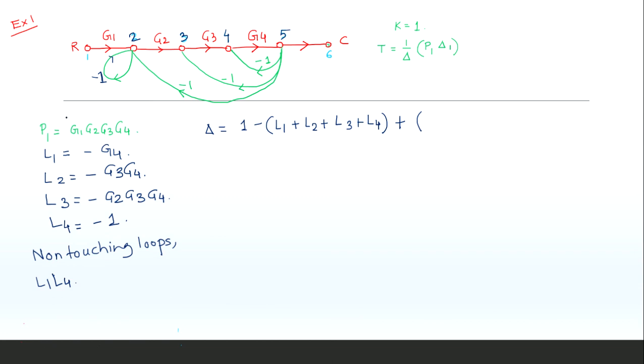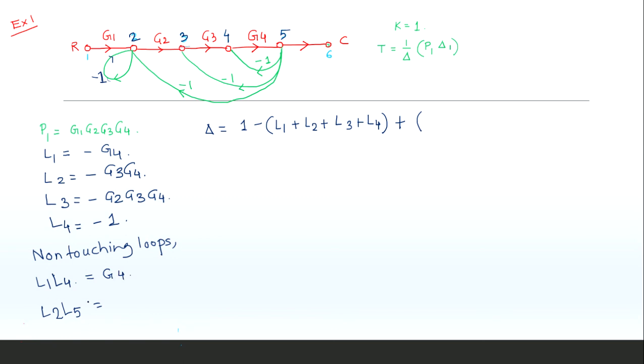Another non-touching pair we may find is G3 G4, minus G3 G4, with this one, which is basically my loop 2. So loop 2 and loop 4. If I take the gain product, L1 means minus G4 and L4 means minus 1, so the product becomes G4.